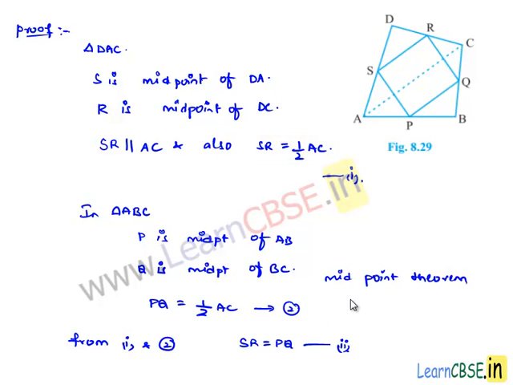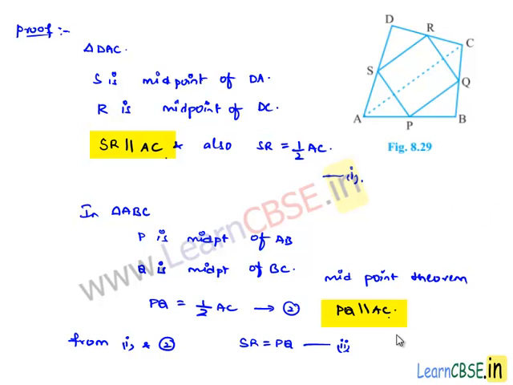Here we can also say that from midpoint theorem PQ is also parallel to AC. Now in the first proof we got that SR is parallel to AC, and in the second proof we got that PQ is parallel to AC and PQ is equal to half AC and SR is equal to half AC.